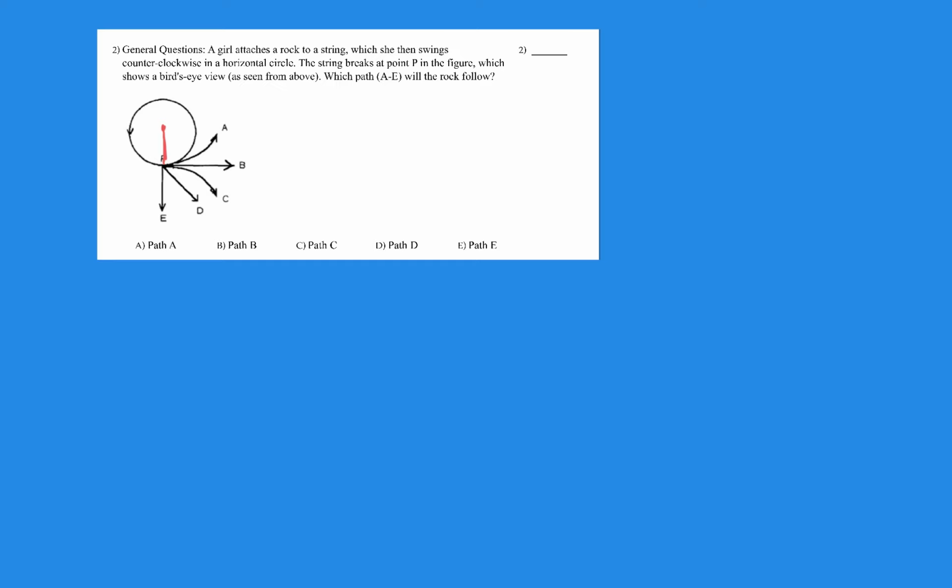The object was coming to the point P with this velocity V. At this precise moment at the point P, the string breaks. So there is no force acting on the object. The object will follow with the same magnitude of velocity, because now there is no force. So the trajectory will be along V.